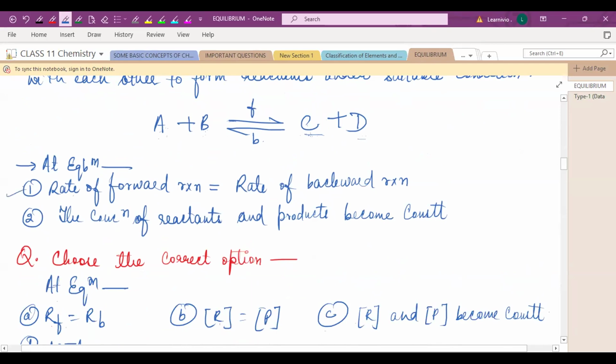First condition for the equilibrium. Second condition is that the concentration of reactants and the products become constant. If the reaction is in equilibrium, the concentration of reactant as well as the product become constant. So these are the two conditions for the equilibrium. Clear to everyone? Yes, ma'am.